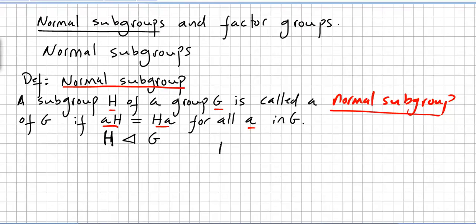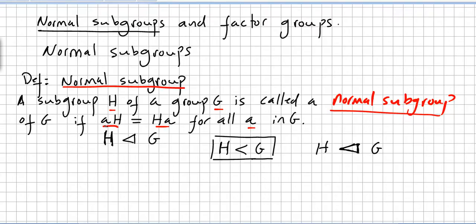Do not forget that for a subgroup the usual notation is H is a subgroup of G. For a normal subgroup we write H, a sort of a triangle, subgroup of G.